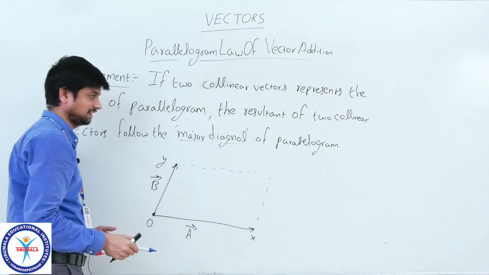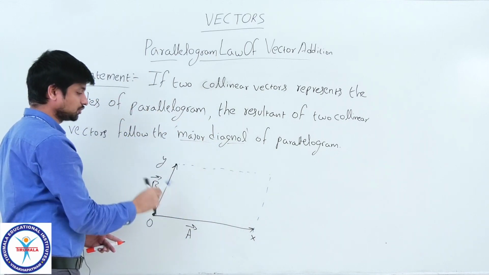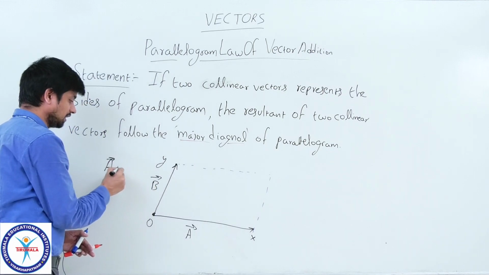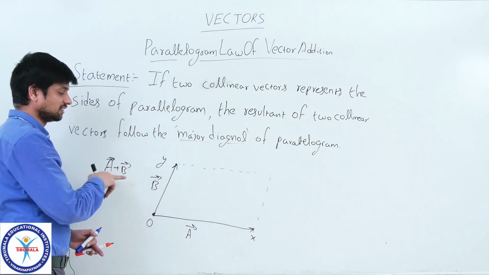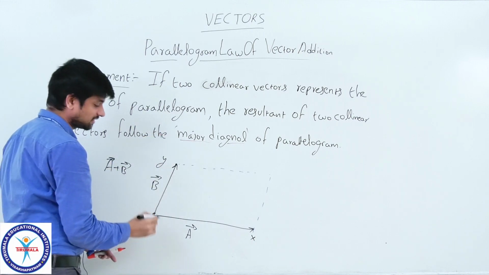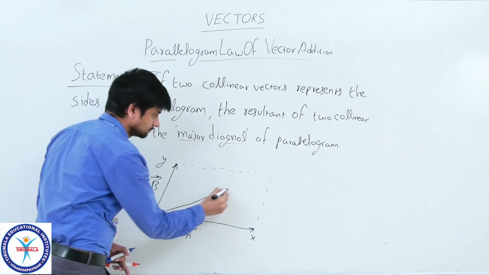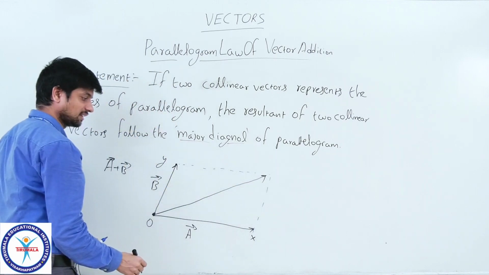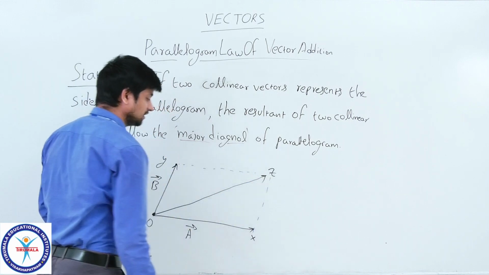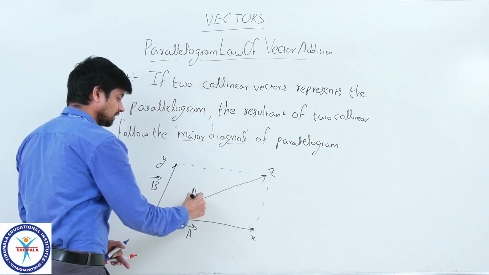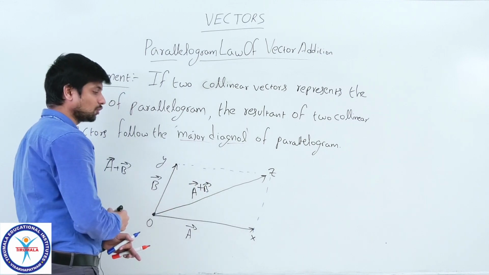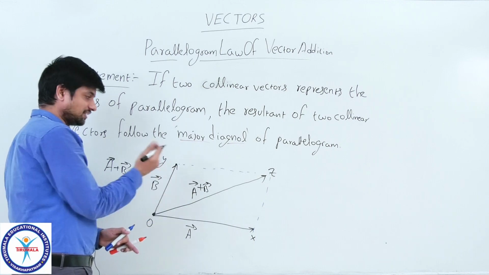The resultant of these two, A bar plus B bar, follows the major diagonal. Major diagonal means this one. Yes, OX, OY, and this is Z. So this OZ gives you A bar plus B bar. Now we need to know its magnitude and its direction.